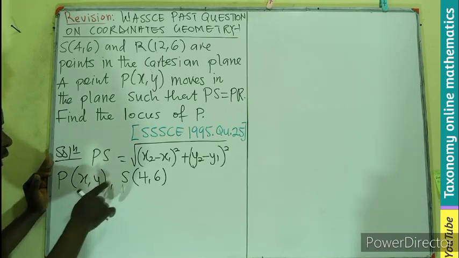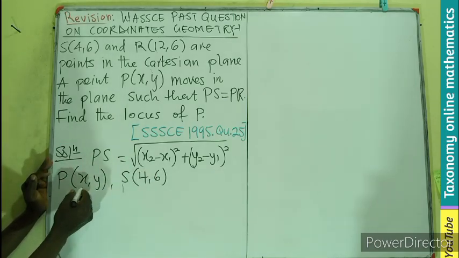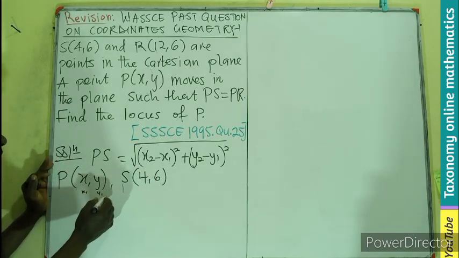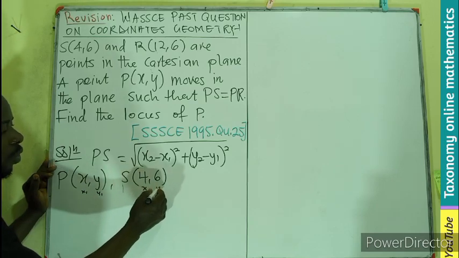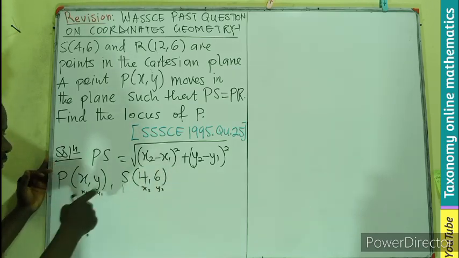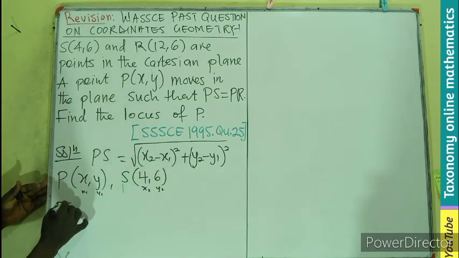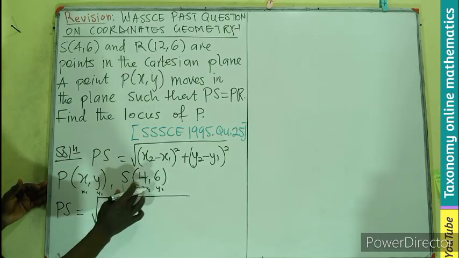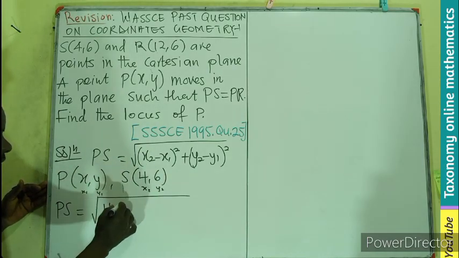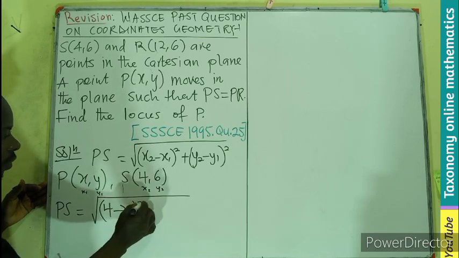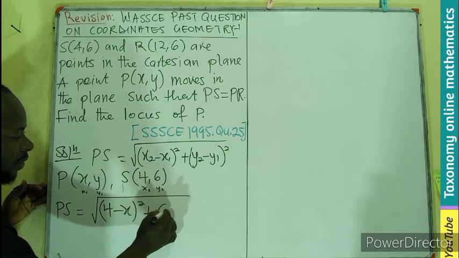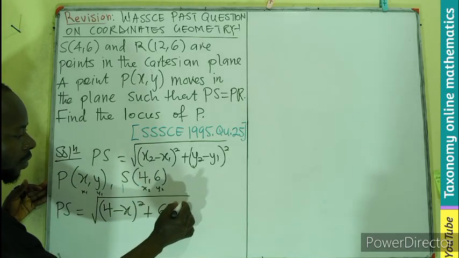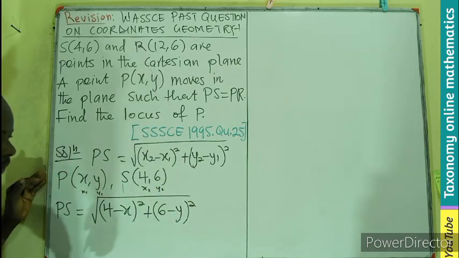So we only do substitution. This is going to be the x1, y1, and this will be the x2, y2, right? So our PS will become the square root of (4 minus x) all squared plus (6 minus y) all squared.